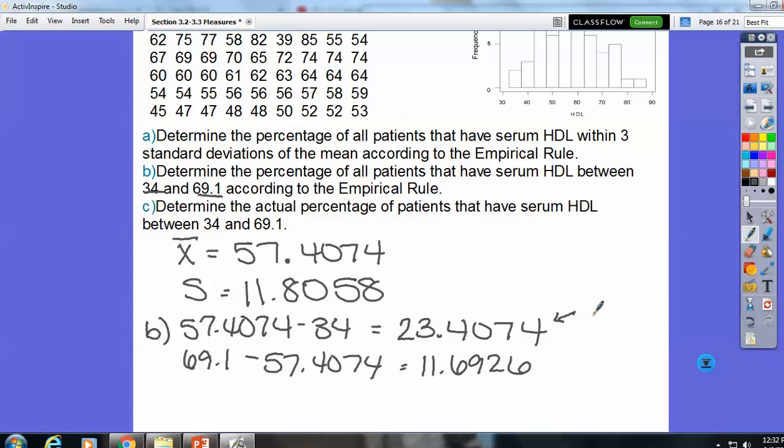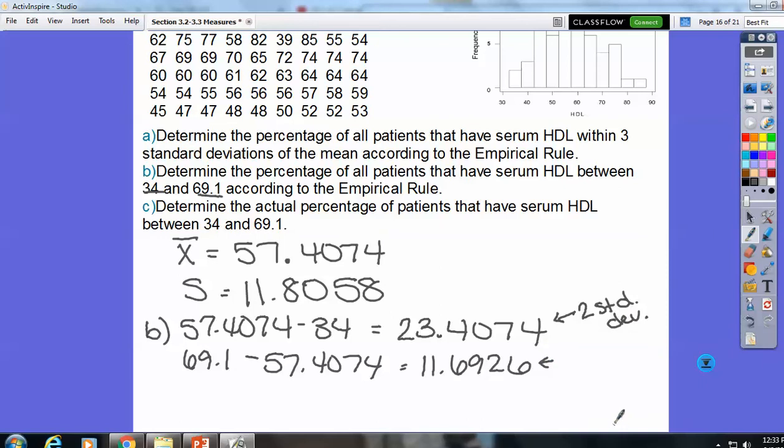2. Why did it not come out to be exactly 2? We have rounding error, right? We rounded our mean, we rounded our standard deviation. Never mind. It was my fault. Oh, okay. I got 5.59. Gotcha. That's 2 standard deviations.